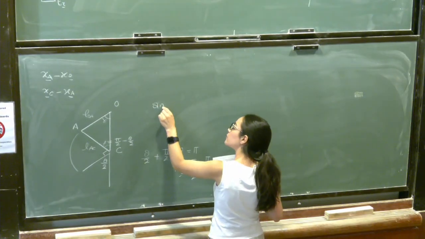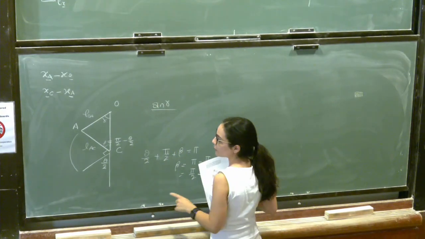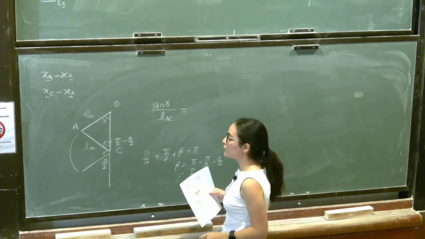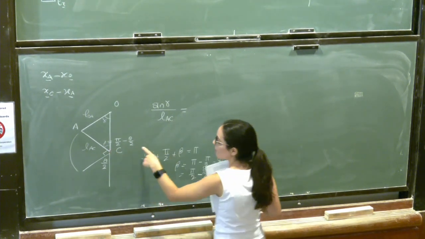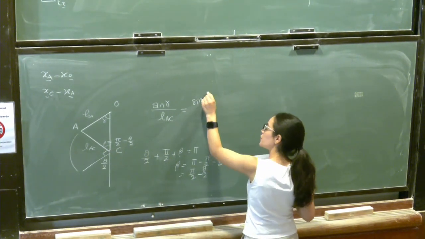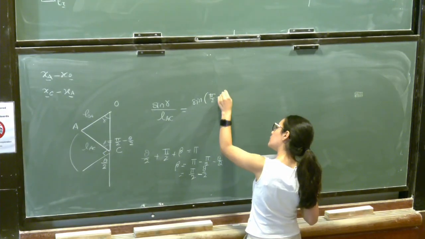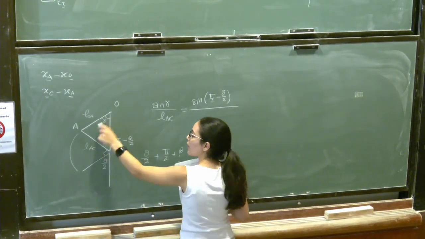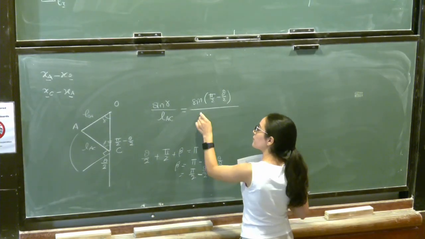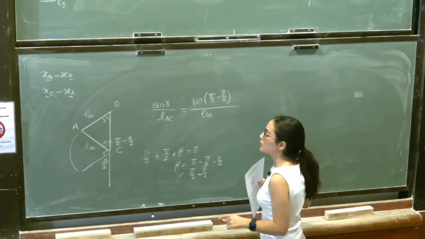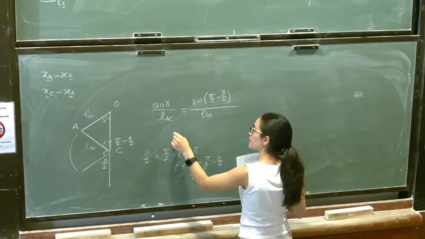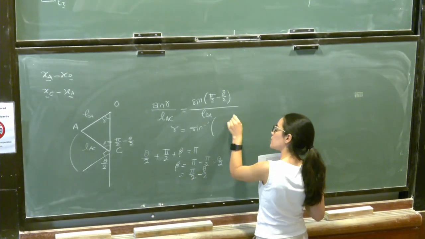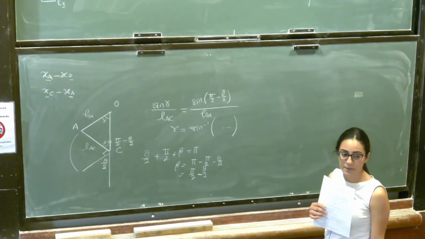Sine gamma over LAC is equal to sine beta, which is sine of pi by 2 minus theta over 2, over LOA. So I can find gamma. Gamma is equal to sine inverse of a bunch of terms.